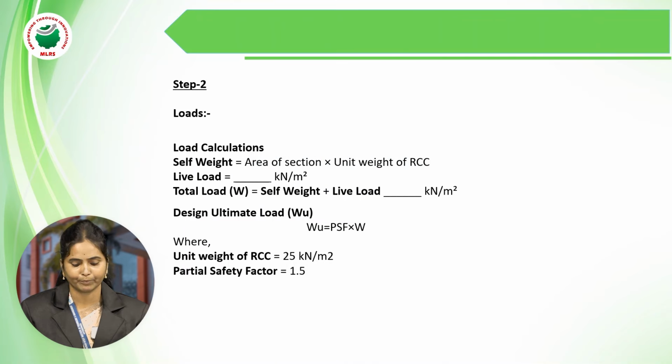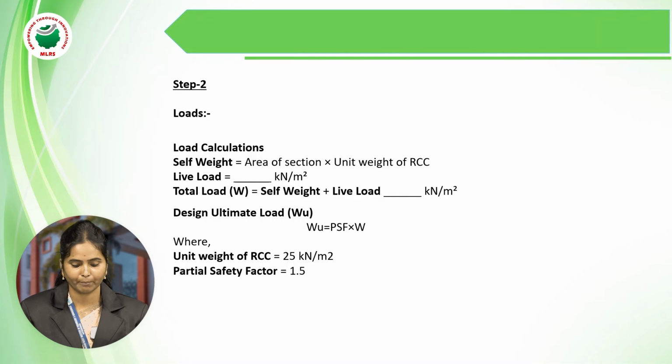Next, going to step number 2, loads. Any load acting on a beam we have to consider in the loads calculation. That is step number 2. First, in the design of the singly reinforced beam, we calculate the self weight of the beam.